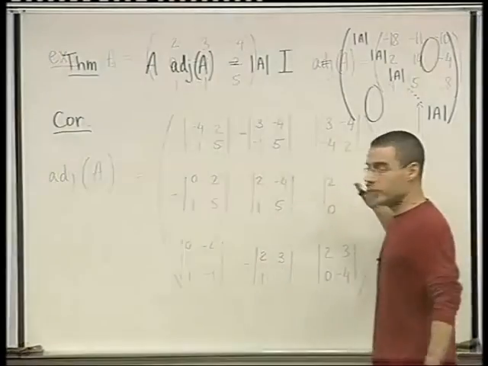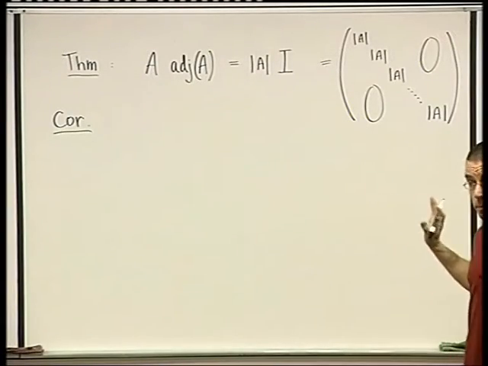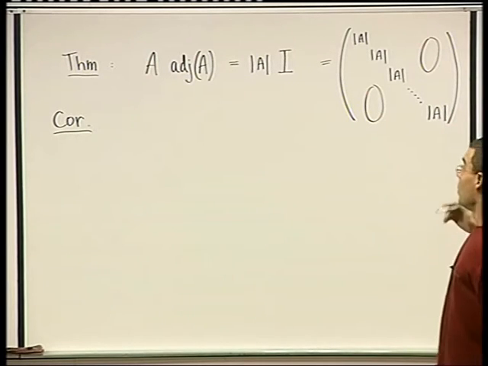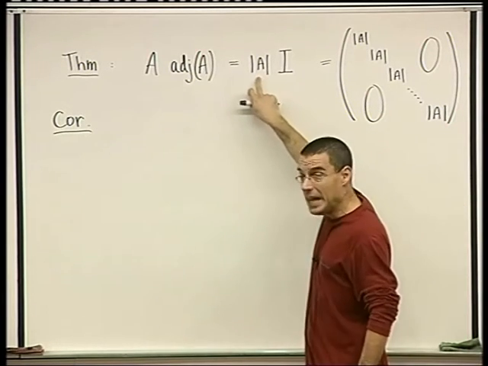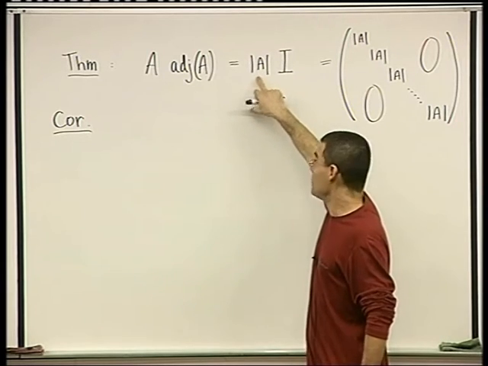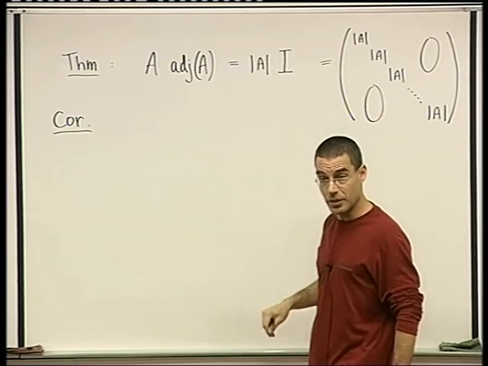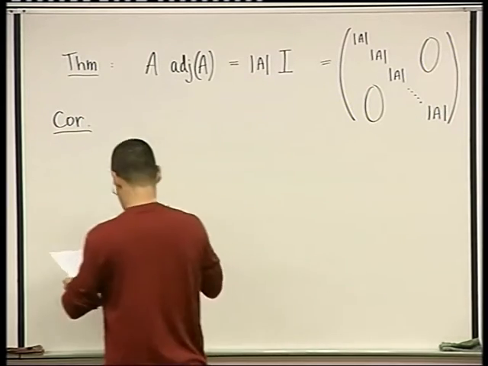So everything we said so far does not depend on invertibility and the determinant being non-zero. What I'm going to do now is divide by this. This can only be true if A is invertible, which is if and only if the determinant is not zero. So this is the corollary.